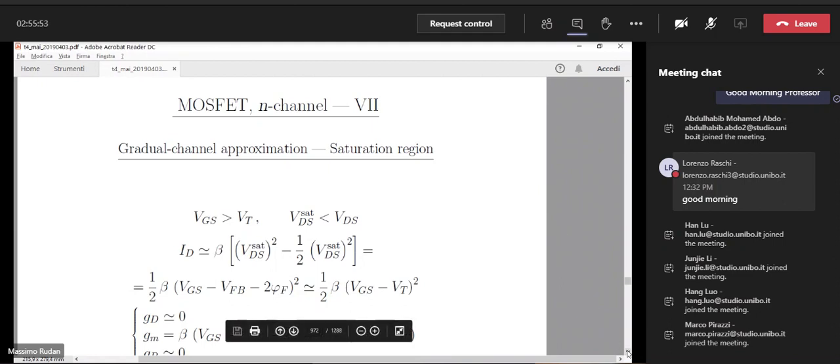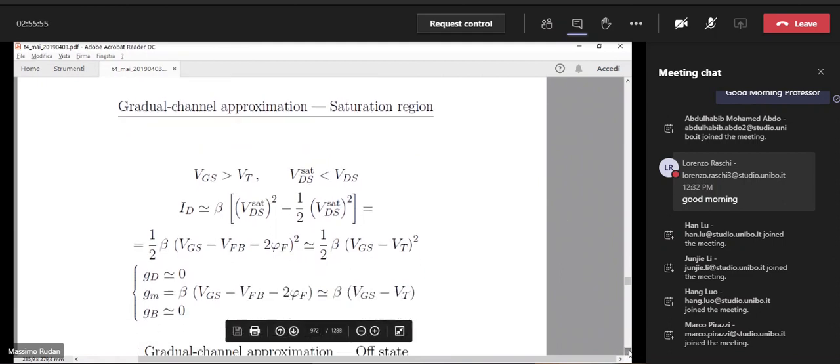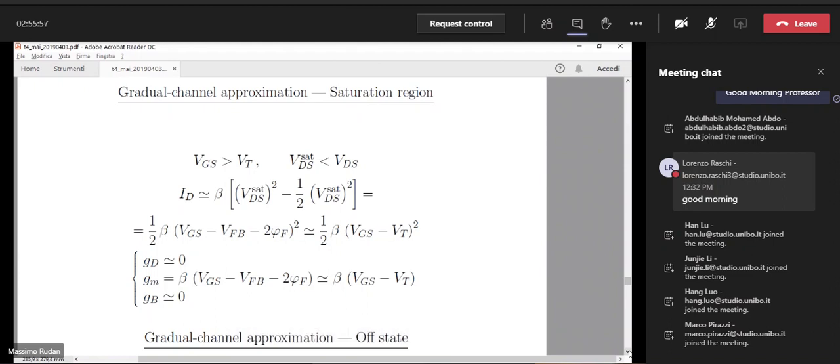And this is explained in this page, in which we have the saturation region. So we are in the condition where the channel is formed. So VGS is larger than the threshold voltage. But we have a VDS that is larger than the saturation voltage.